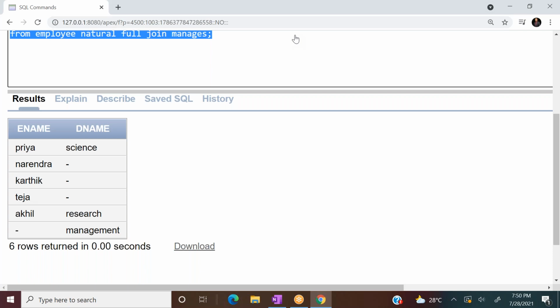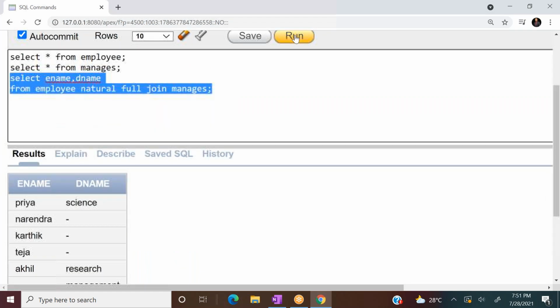Priya is managing science, Akhil is managing research, Narendra, Karthik, Teja are not managing any department, and management department not managed by any employee. I'm getting all 6 rows. In the bottom of the screen also you can see 6 rows returned in 0.00 seconds. Means execution takes very little time. Right? Got it?